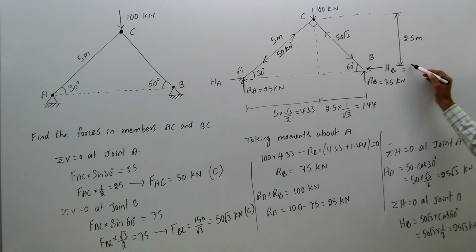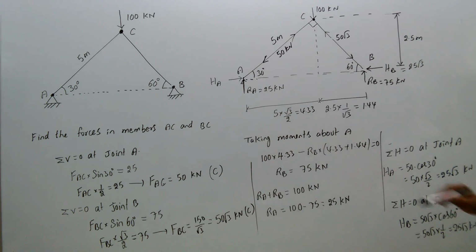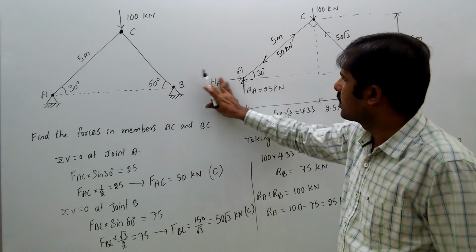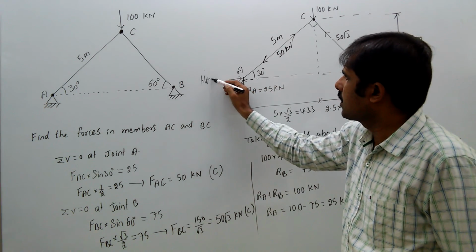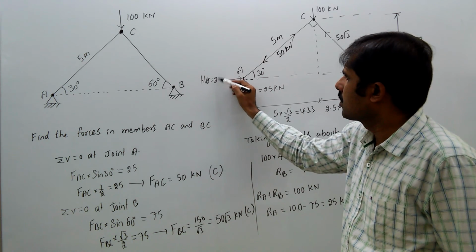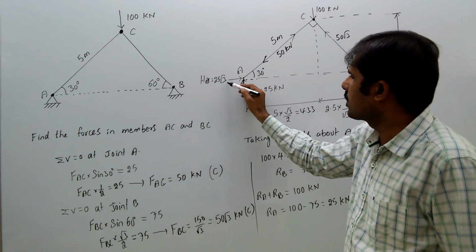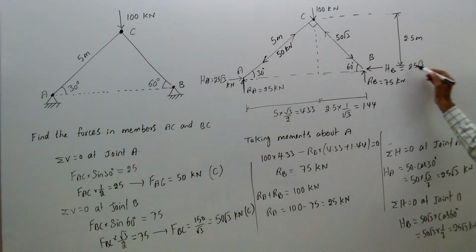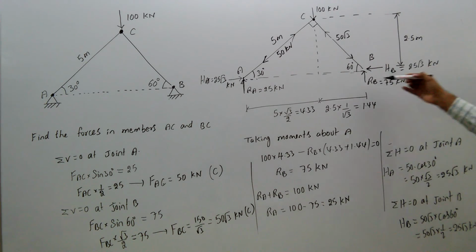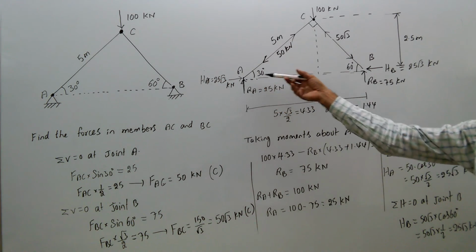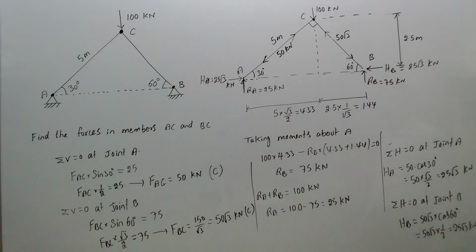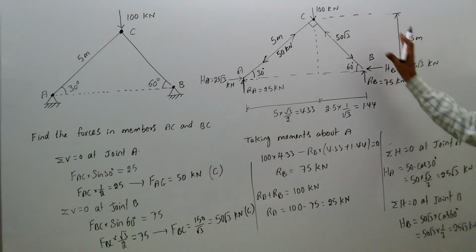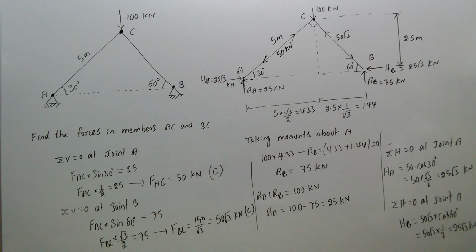Here also HB is 25 root 3. HA equal to 25 root 3 kilonewtons, and HB also equal to 25 root 3 kilonewtons. But HA is acting towards right, and HB is acting leftwards. This is the way to analyze the truss by using equilibrium at joints.